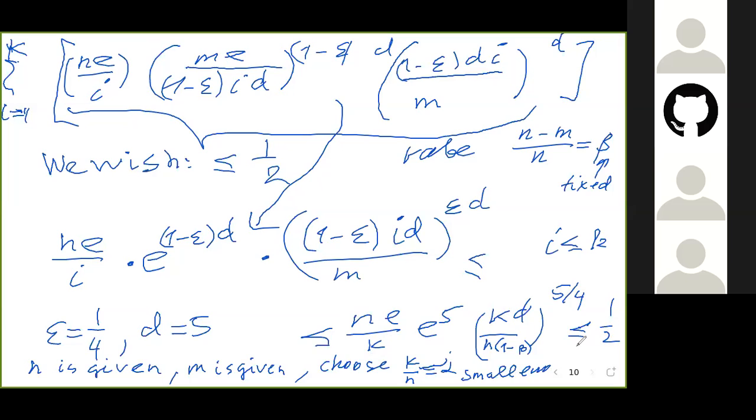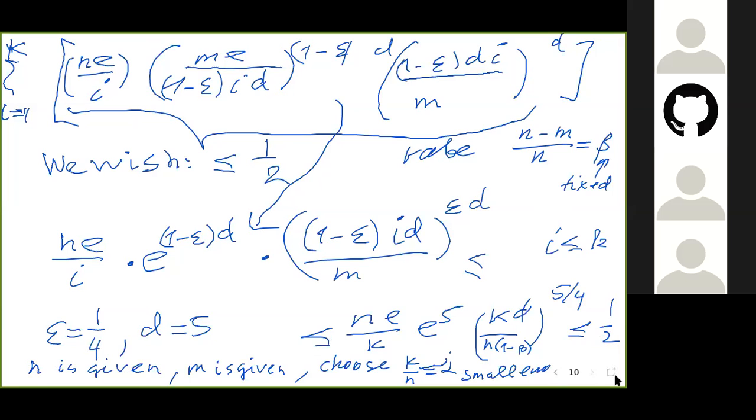And so the choice of parameters is the following one. We fix some beta, the rate of our code, n is given to us, which is large enough, and given the rate, we can choose alpha, which is the relative distance of our code, small enough, so this is at most 1/2. More specifically, one can show that we can choose the following parameters.